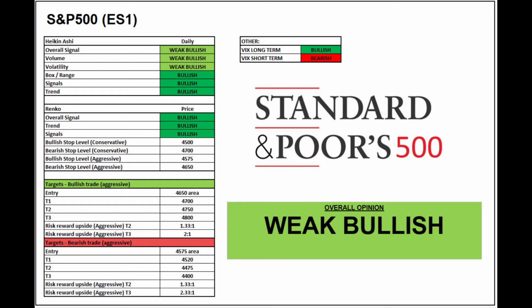Now I would have gone full on bullish for the S&P 500, but there's one key factor for me, and that's the VIX. The short term was bearish, so I've just downgraded it to weak bullish overall. It's still looking very strong, Renko and Heikin Ashi, but I'm going to time in with, like I say, that VIX indicator that I use.